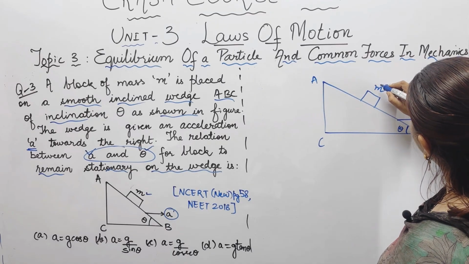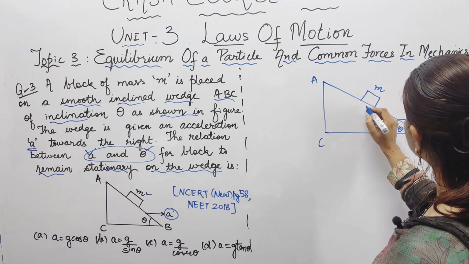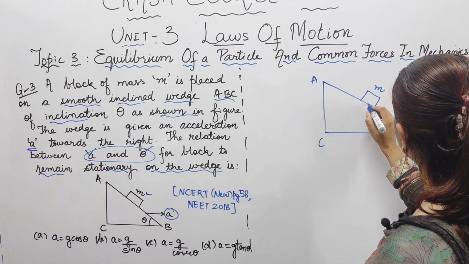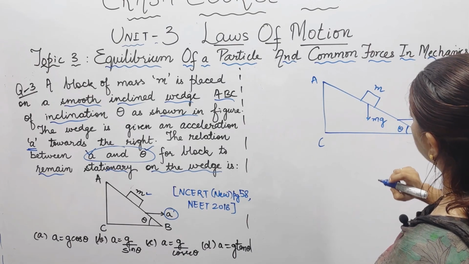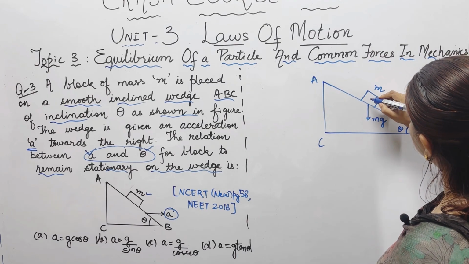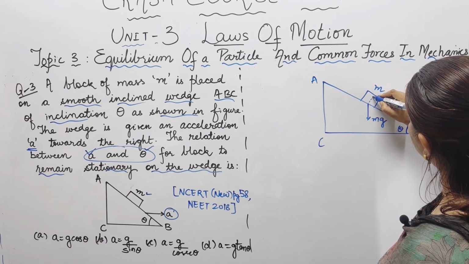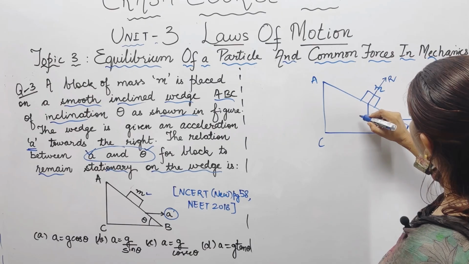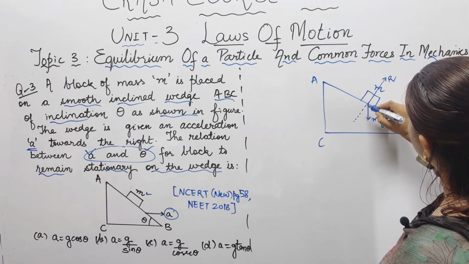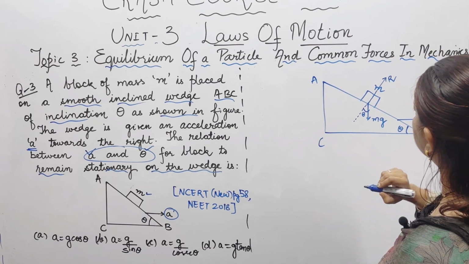So this body's weight is acting in the mg downward direction, and the reaction of the body is R, and this angle is theta.